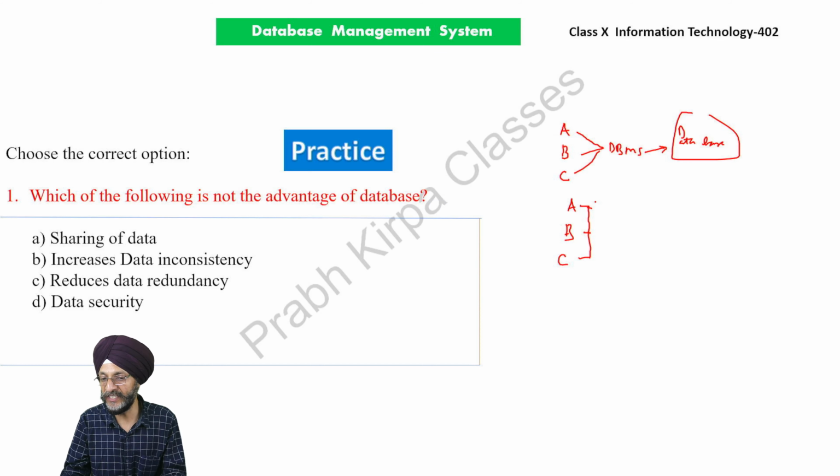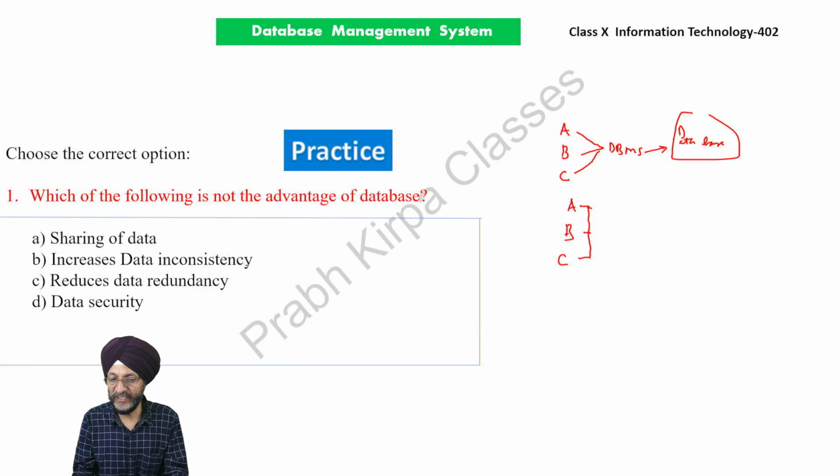If a person receives the fees, the same is updated immediately and the same is reflected in the database, and every person on the computer and having access to the database will get to know that Ramesh has paid the fees. So their chances of data inconsistency are reduced. So this is wrong. Database does not increase data inconsistency, rather it decreases.